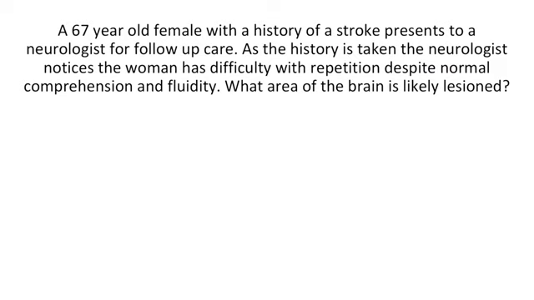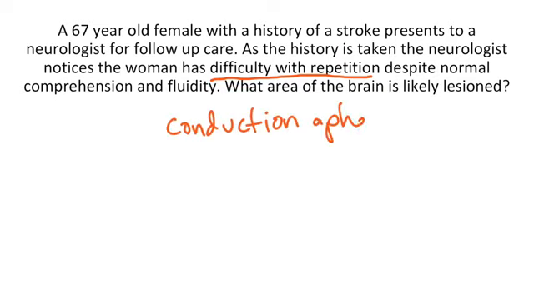Notice from the question stem that the patient can speak and understand normally, but the ability to repeat is impaired, as we can see, because she has difficulty with repetition. This type of presentation is unique to conduction aphasia.